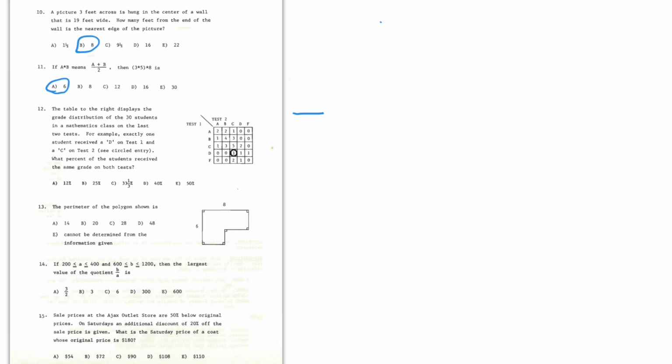So that's all the numbers on the diagonal here. So that's 2 plus 4 plus 5 plus 1 plus 0. The total number of students, that's 30. That's equal to 12 over 30.